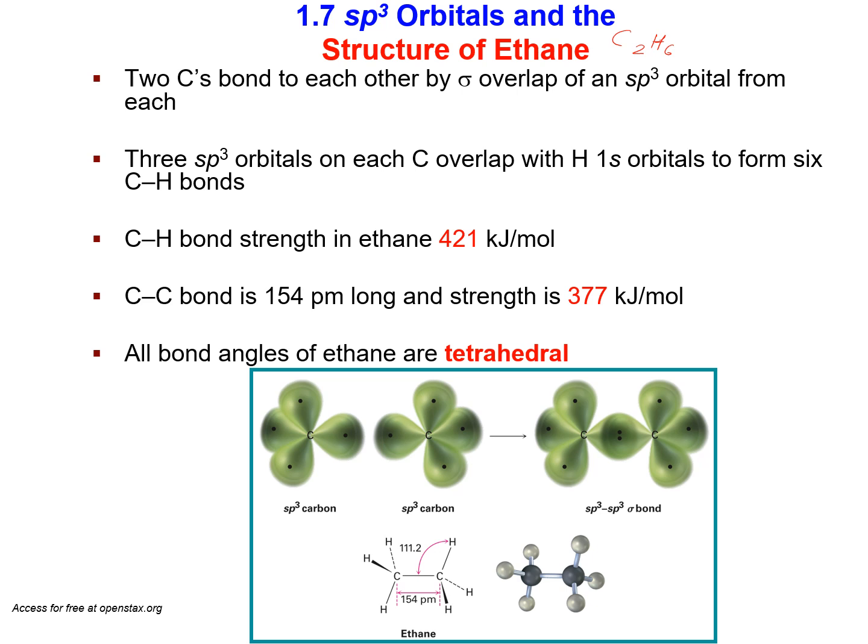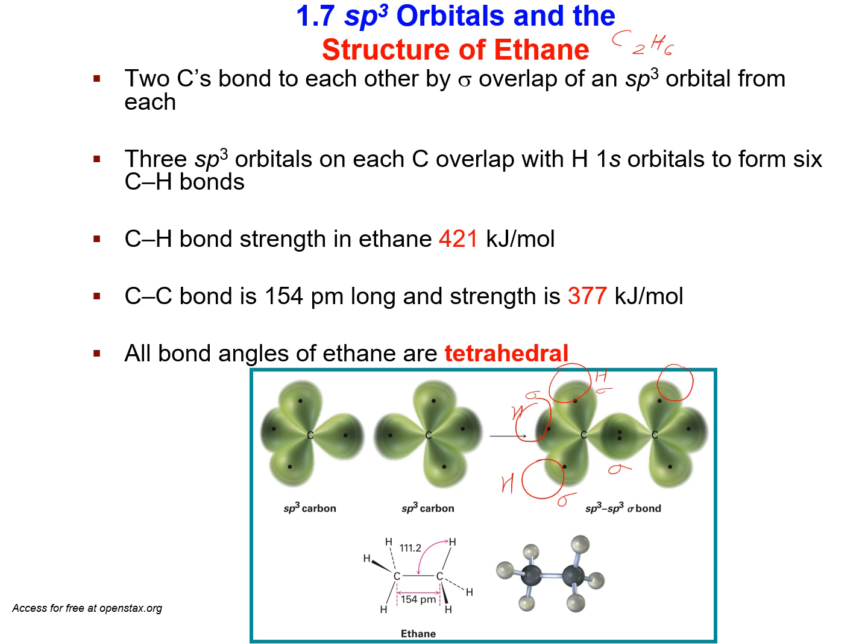So this all results in the formation of sigma bonds, and here the hydrogen atom's 1s orbital. We have one hydrogen here, another hydrogen here, another hydrogen here, and they all overlap to form sigma bonds. These are all sigma bonds. And same thing with the other carbon atom.